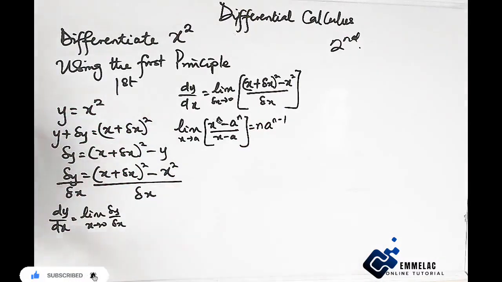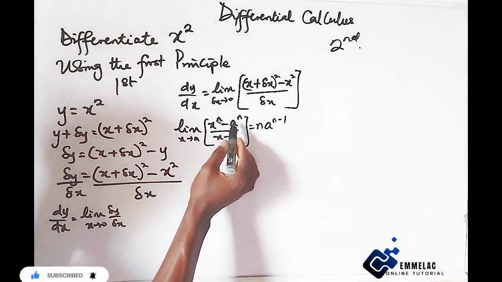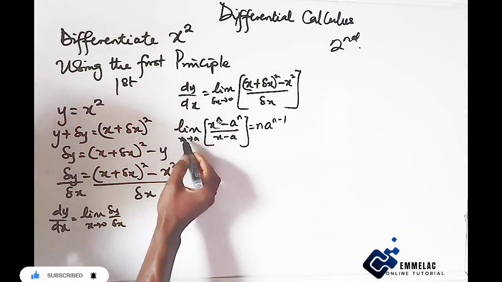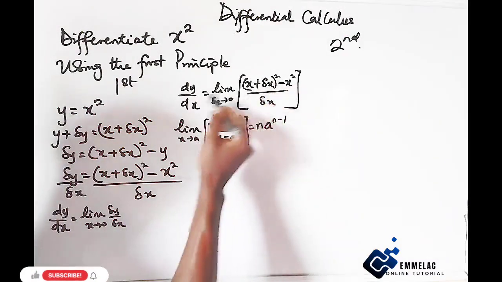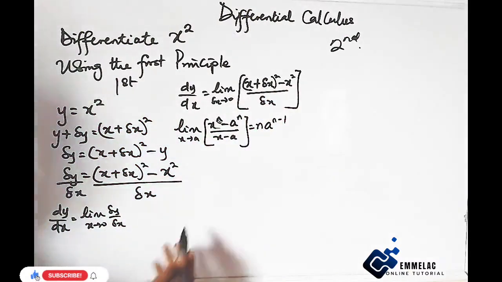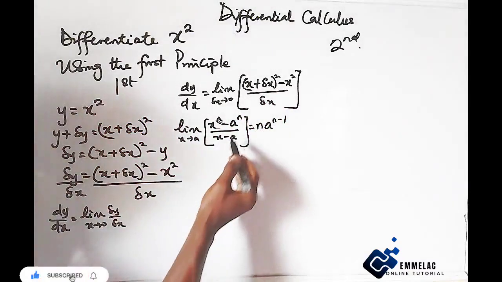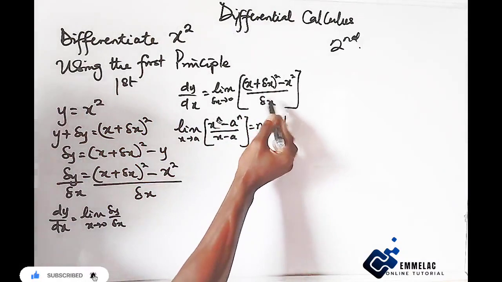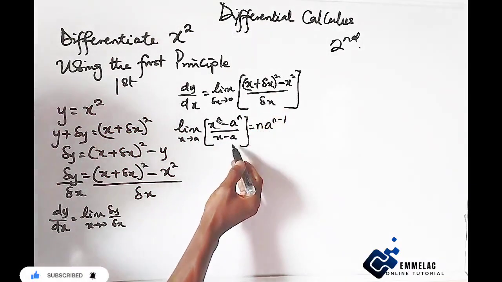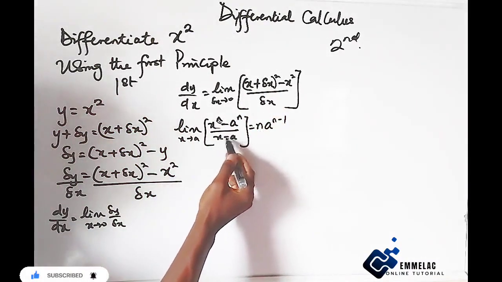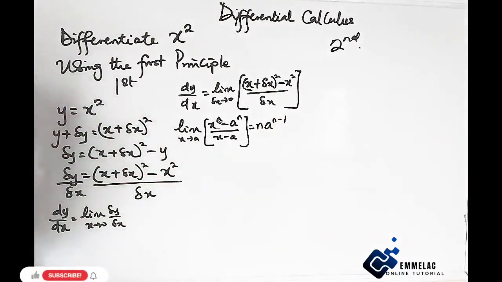Now consider that the numerator of this theorem corresponds to the numerator of what we are solving, but the denominator seems to be different. So what do we implement for the denominator to give us the same pattern that corresponds to the theorem?